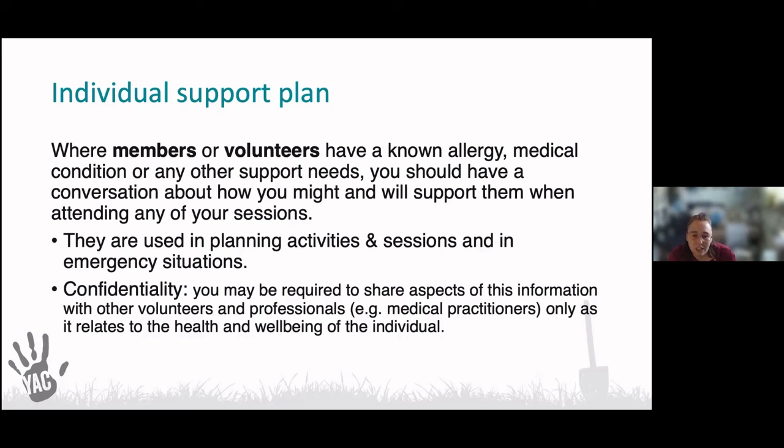So it is confidential up to the point where you need to use it for planning and in an emergency. And be transparent with the people who are giving you that information, and that is written in there as well. Be transparent that you will keep it confidential up to this point, and this information will be used in this way.